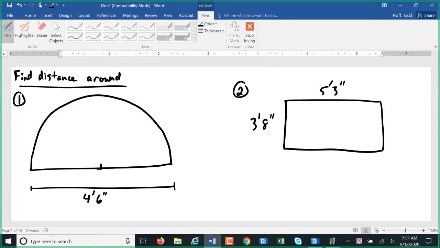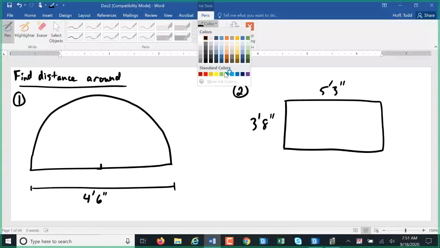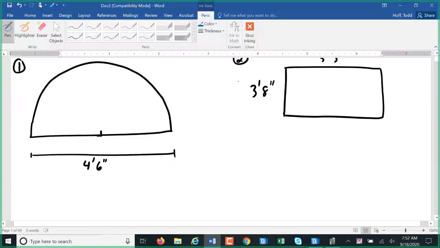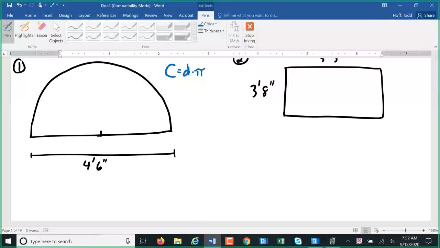Let's take a look and see how you're doing. So this first one, finding the distance around it involves part of the circumference of a circle. Remember, we talked about circumference is equal to the diameter of the circle times that mystical pi. Pi is a scalar number like what we were looking at the other day with our operations.